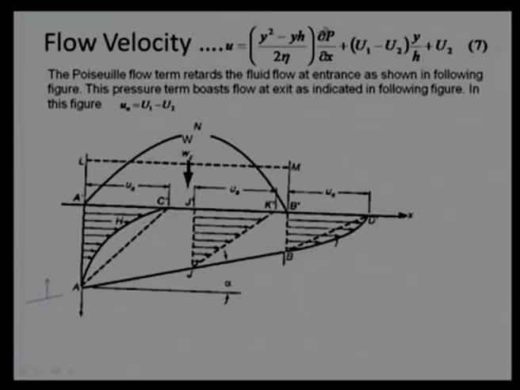While when there is a finite value of dp by dx, either negative or positive, we can get this side result. This is indicated in this diagram, and as I mentioned earlier, there is a term u a. u a in this case is equal to u 1 minus u 2, that is the velocity term.